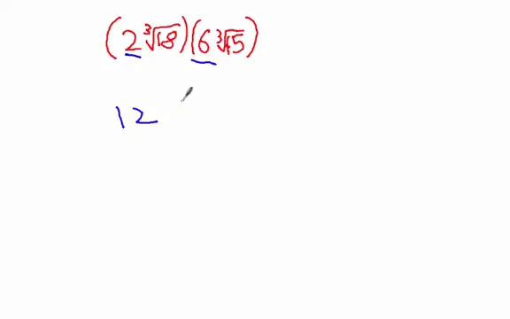We're going to multiply inside the radical 18 times 15. If we take a minute to do this multiplying, we end up getting the cube root of 270.